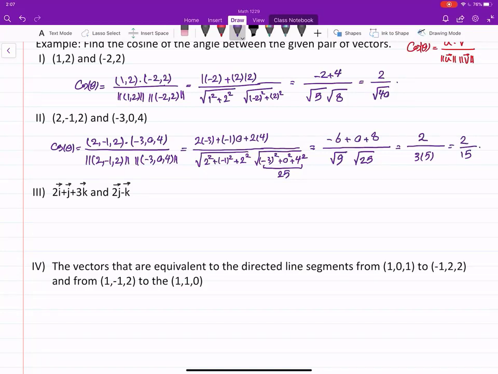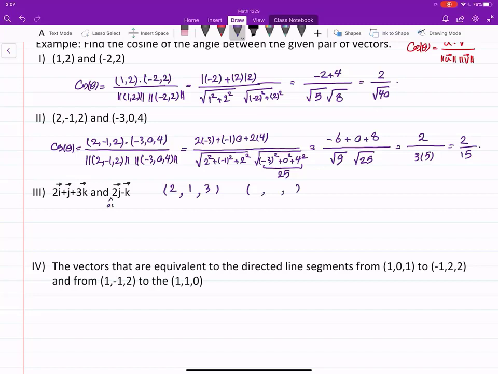In the third example, the vectors are given in ijk notation. We can write them in component form: the coefficient of i is the first component, the coefficient of j is the second component, the coefficient of k is the third. And for the second one, we don't have any i.